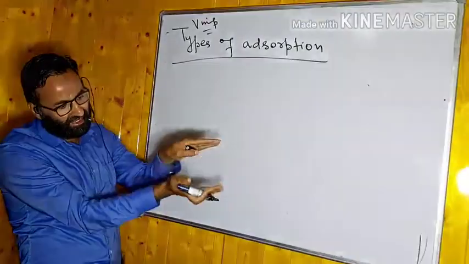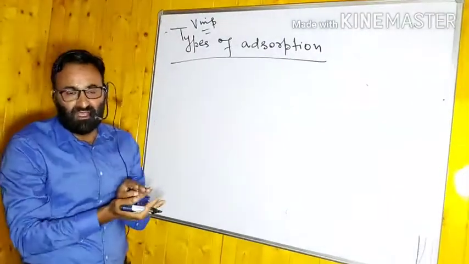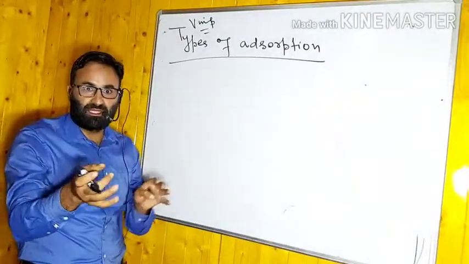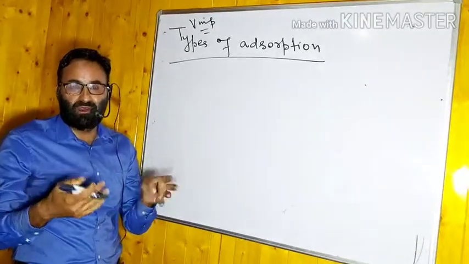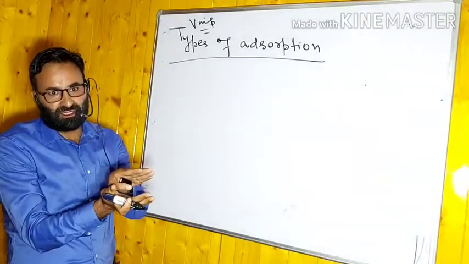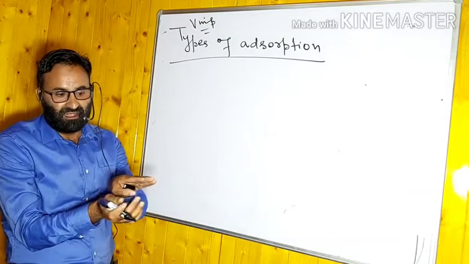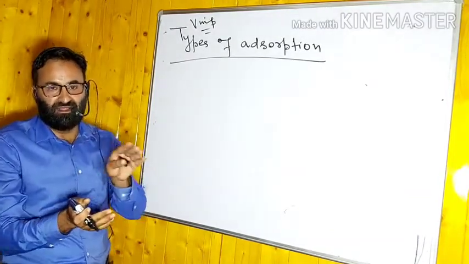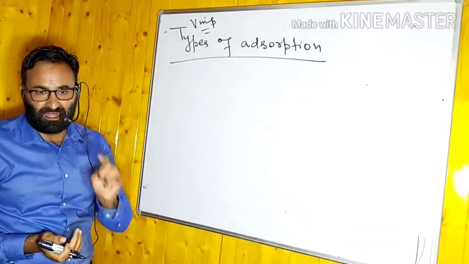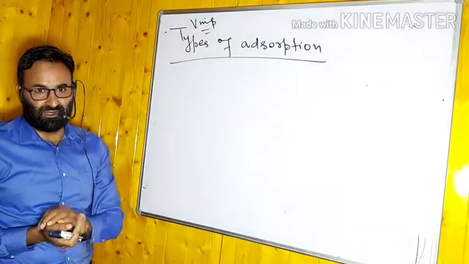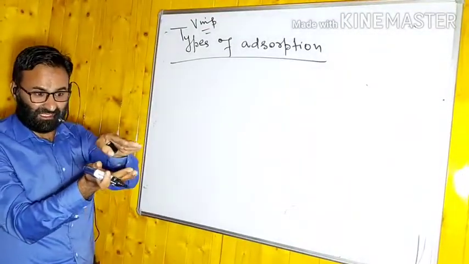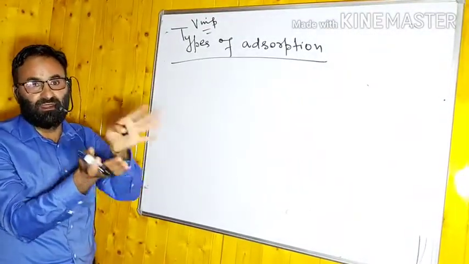What sort of interaction lies between these two? Whether the interaction is weak van der Waals type, or the interaction is strong chemical bond, covalent bond, ionic bond. We have two types of adsorptions. The first, when the interaction is weak, that is physical adsorption, and when the interaction is strong, that type is known as chemical adsorption. You can mention on the basis of nature of interaction between the adsorbate and adsorbent.